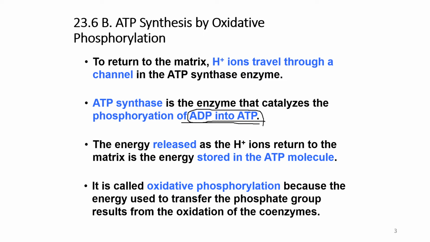And this is called oxidative phosphorylation, because the energy used to transfer the phosphate group results from the oxidation of the coenzymes, NADH and FADH2.